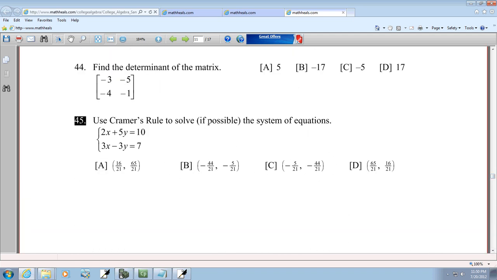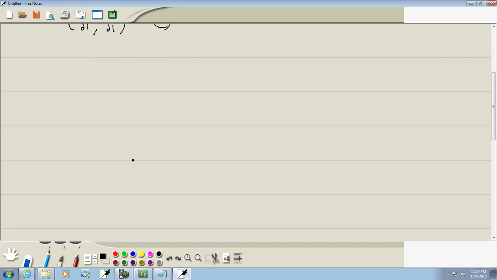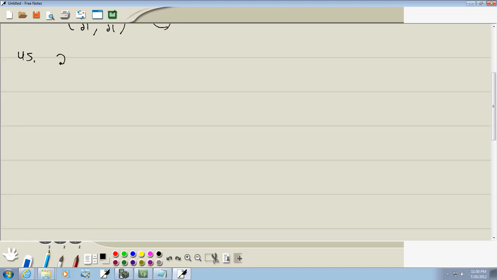Okay, now let's use Cramer's rule to solve this. So let me see, what do we have? 2x plus 5y is equal to 10. 3x minus 3y is equal to 7.